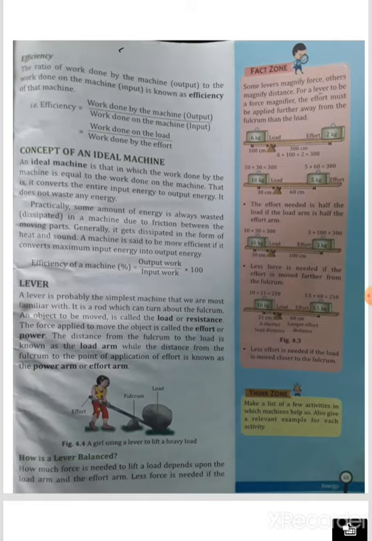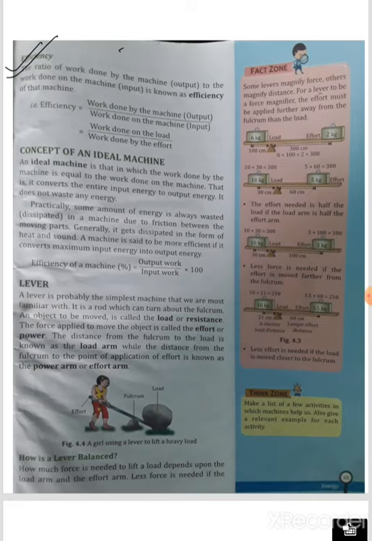Input means the effort, the force, the energy that you are applying on the machine, whereas the work done by the machine for you, the output energy that you get from the machine, is called output. These were the things we learned in the last class, and efficiency was the last topic I discussed in the last video lesson.